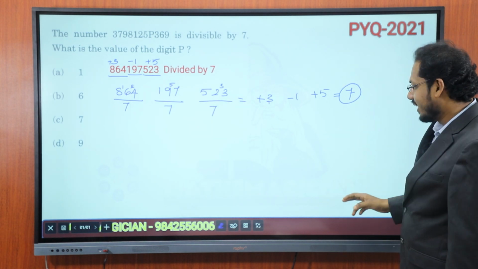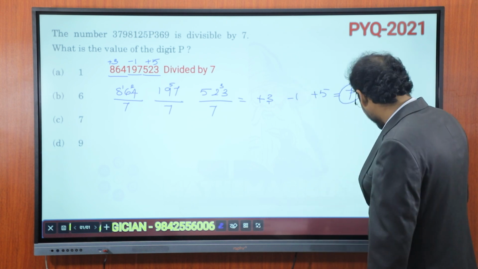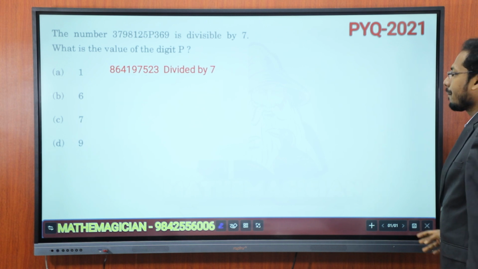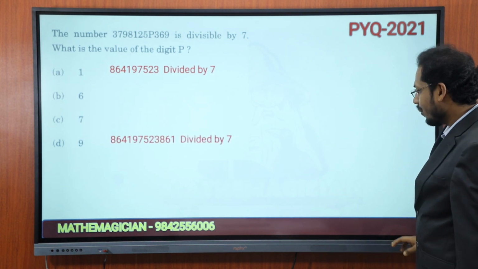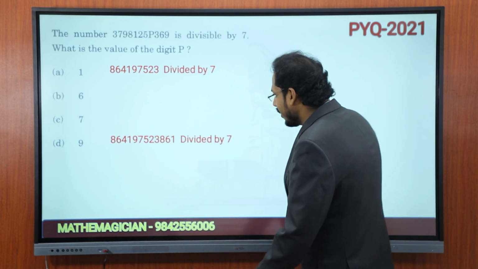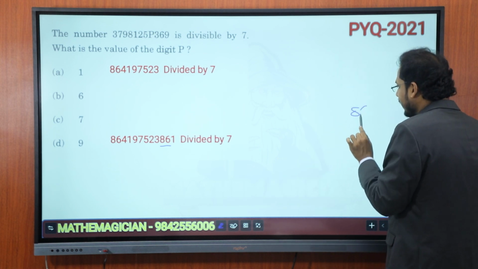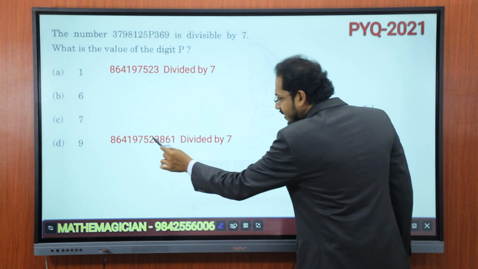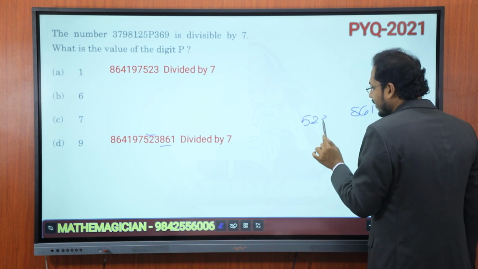Okay, let's take one more problem also. Look at this. Take this number. Now we are going to split from the last three numbers, right? First 3 numbers is 861, and next 3 numbers is 523.